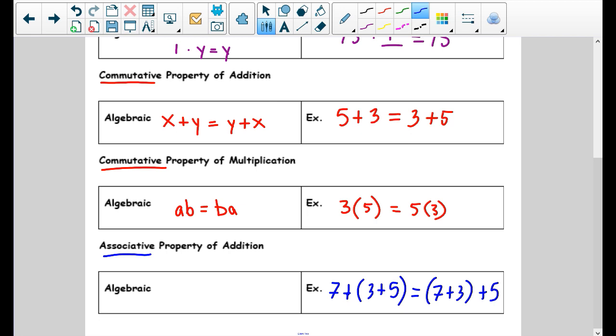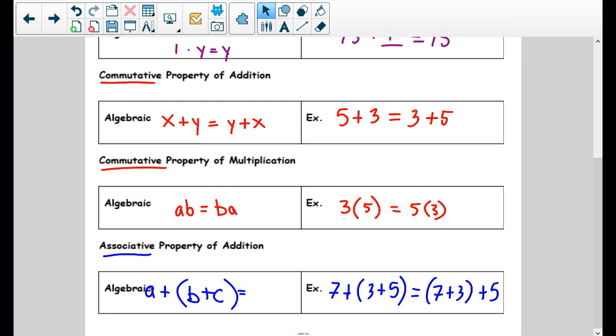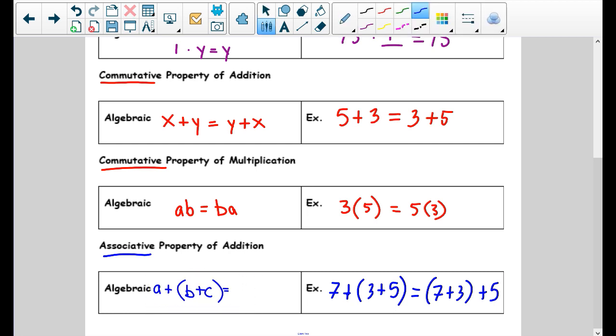So the algebraic would be A plus B plus C in parentheses equals, in parentheses, A plus B plus C. And again, it doesn't really matter what number. I could group 7 and 5 together, and have 3 on the outside.